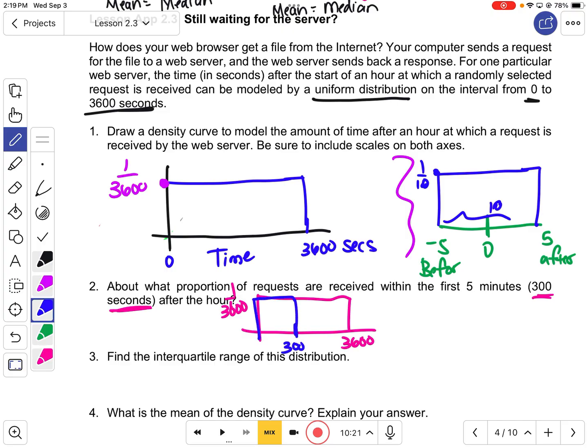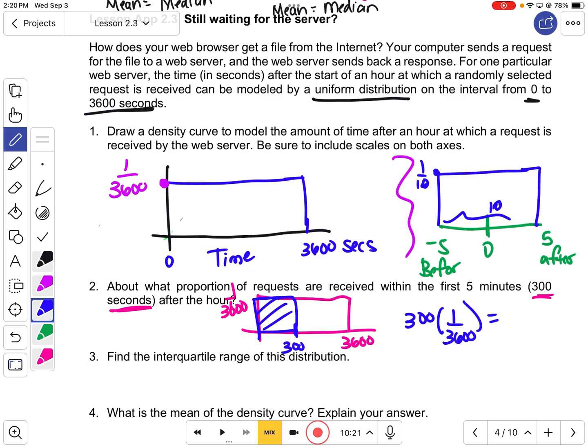And I just want to find the area of that blue spot. Does anybody remember how we find areas of rectangles? Length times width. We just multiply. So the length that I want on the bottom is 300 times my height, which is 1 over 3,600. And that's going to be my answer.